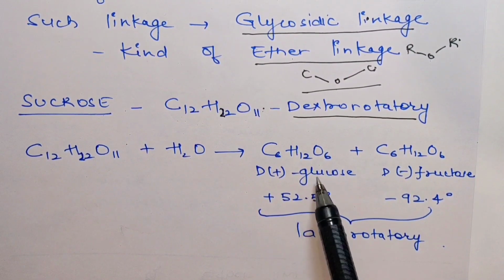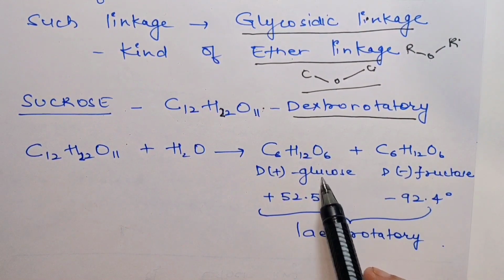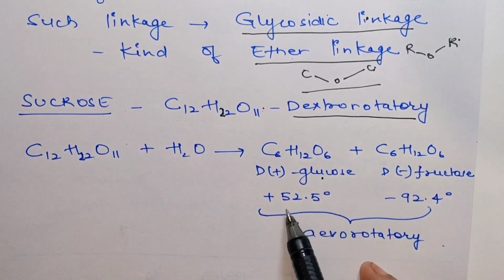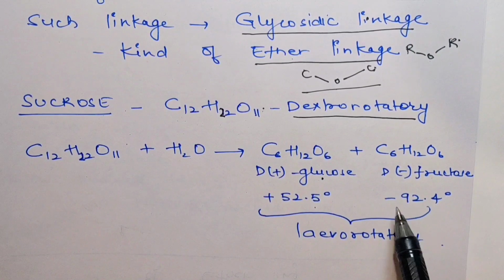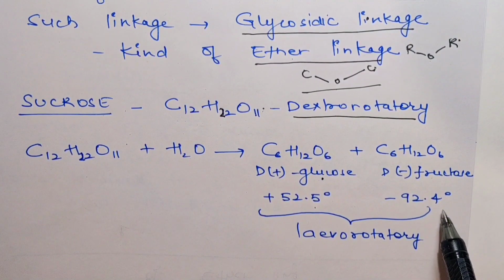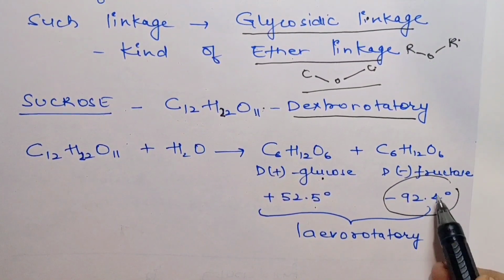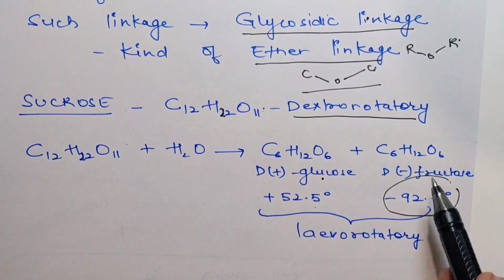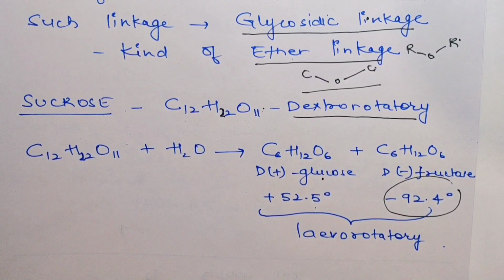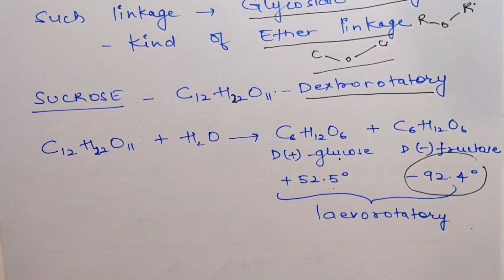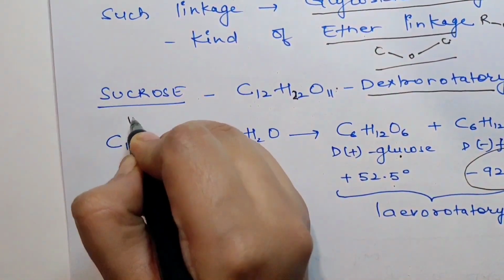Why? Because it gives you glucose and fructose. Glucose is dextrorotatory by 52.5 degrees and fructose is levorotatory by minus 92.4 degrees. So this value is bigger. That makes the overall hydrolysis products mixture levorotatory. For this reason, sucrose is also called invert sugar.